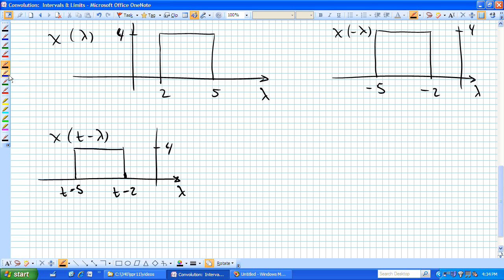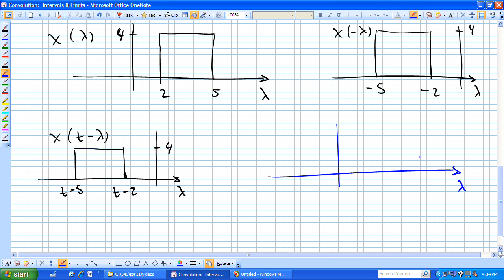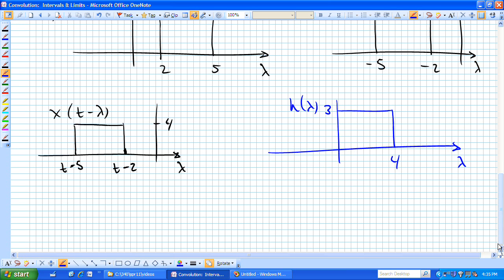And in our convolution integral, we not only need x of t minus lambda, but we also need h of lambda. And h of lambda is consistent with h of t, which was this pulse waveform of amplitude 3 and duration 4, and there's h of lambda as a function of lambda.